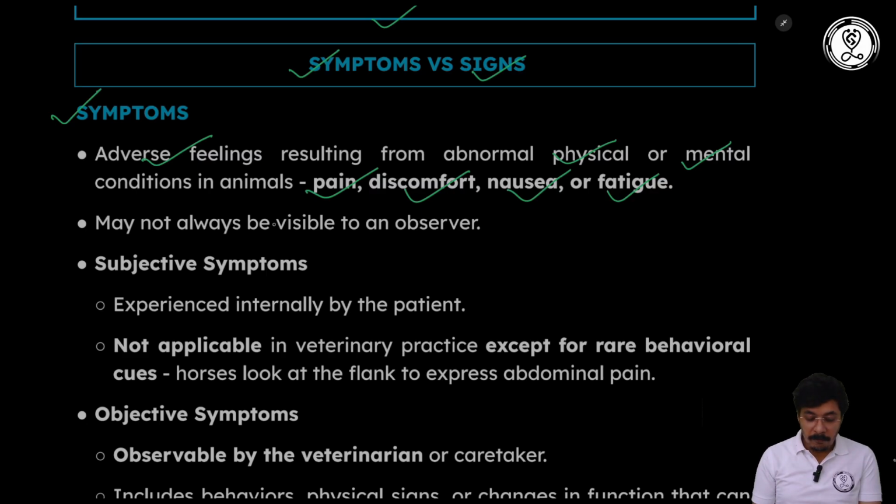It may not always be visible to the observer. So if we compare symptoms with signs, signs are always visible, but symptoms are those which are not always visible. It means they will not give you conclusive evidence.